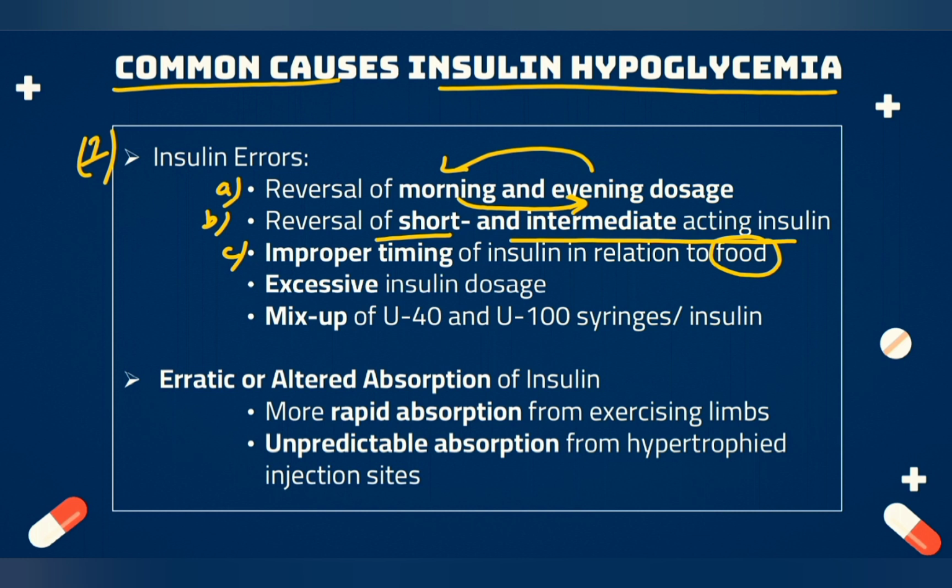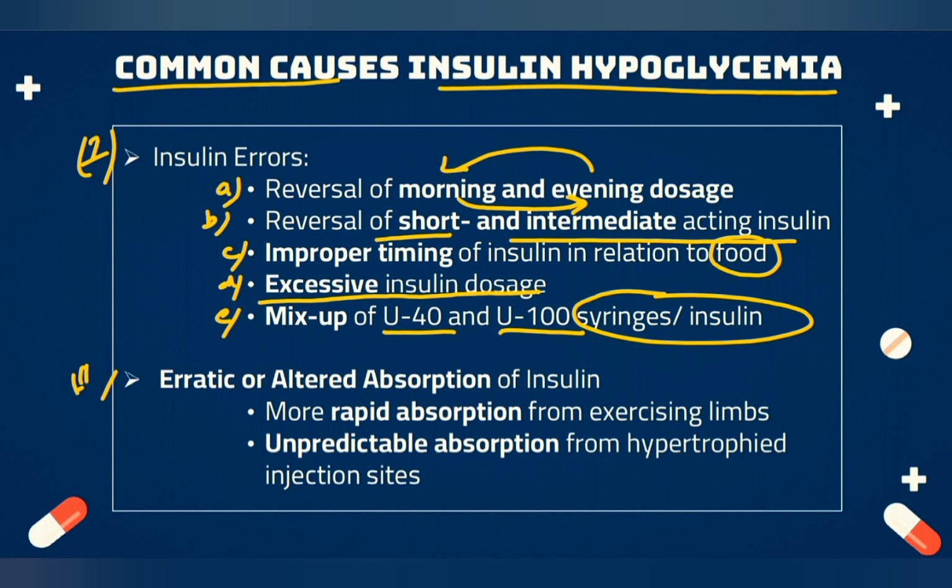The fourth one is when the dose of insulin has been excessively increased by the treating physician or by the support staff, or if there is a mix-up of 40-unit or 100-unit syringes of insulin. So in this condition there is an error in insulin dose which causes hypoglycemia. The second category is when there is erratic or altered absorption of the insulin which we are giving to the person.